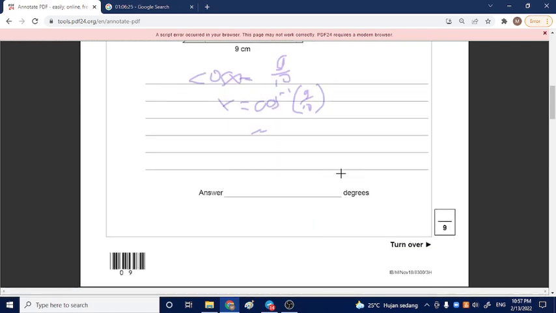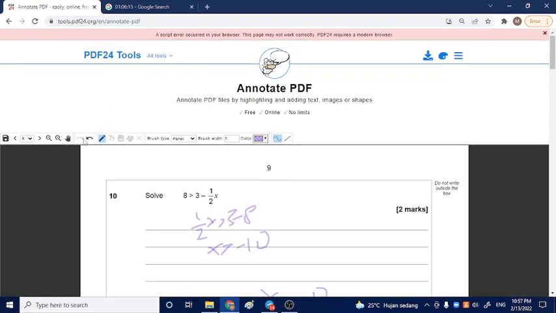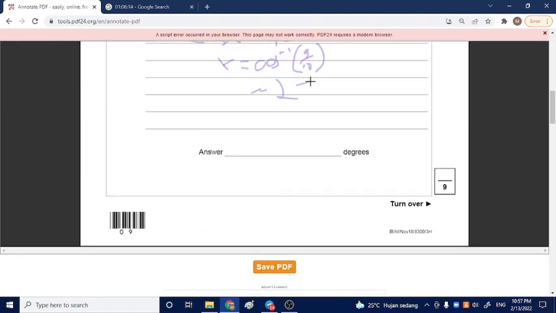My calculator is in radians. That means times 180 divided by pi. That will be 28. No, wrong. 25.8. 25.8 degrees. Okay.